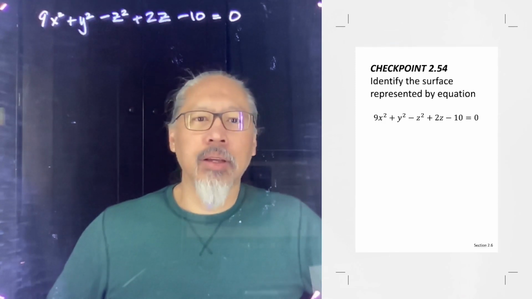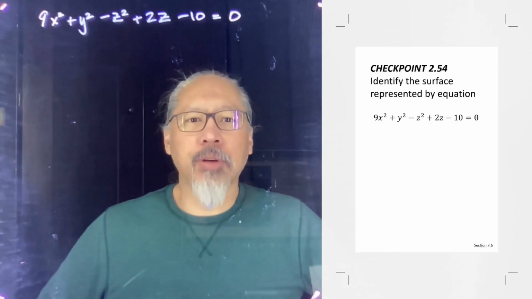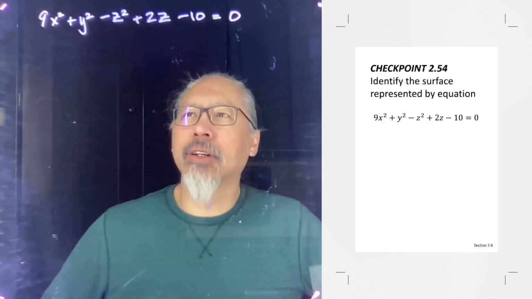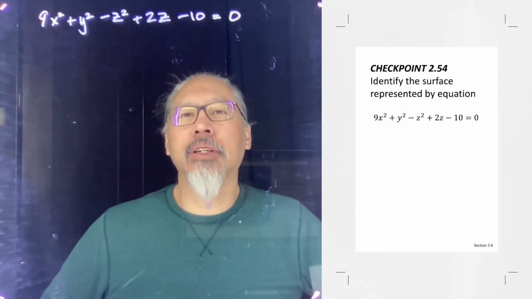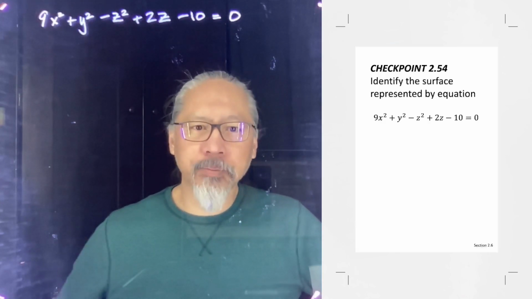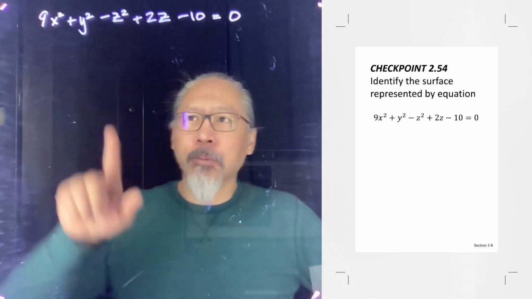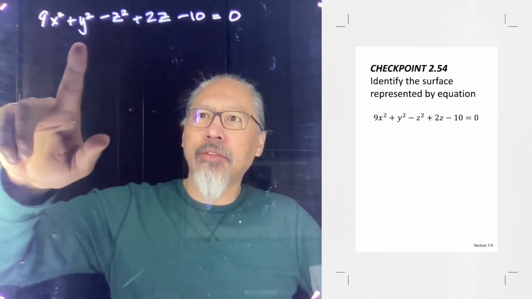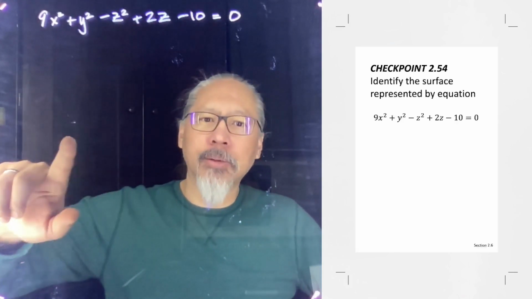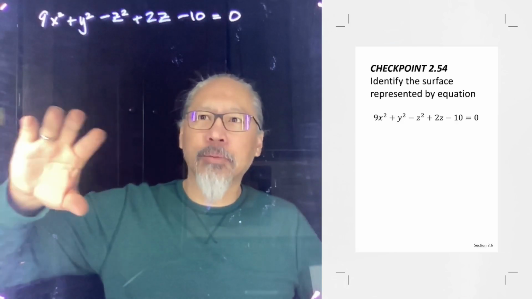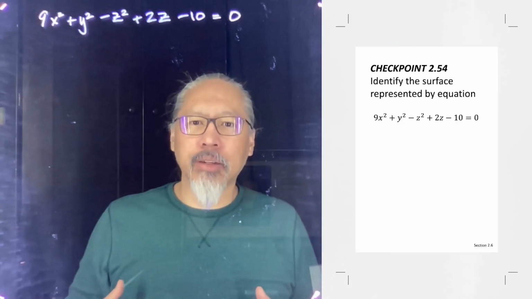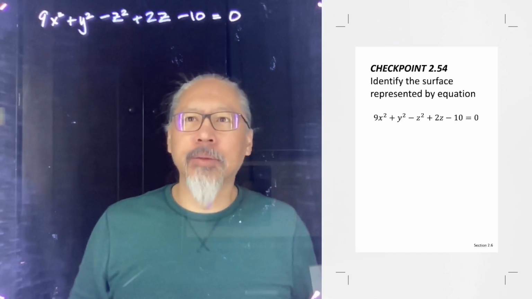Checkpoint 2.54. They want us to identify the surface represented by this equation: 9x squared plus y squared minus z squared plus 2z minus 10 is equal to 0. Because all of the variables are being squared, this is probably going to look something like either an ellipsoid or a hyperboloid.